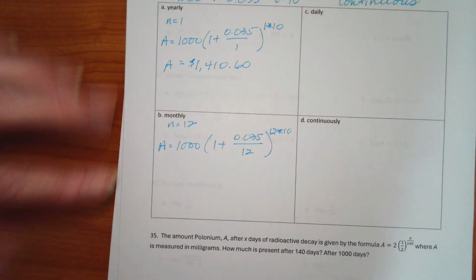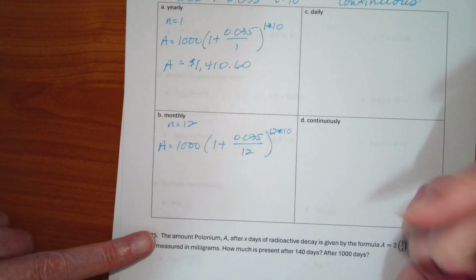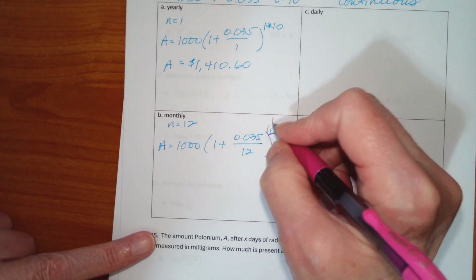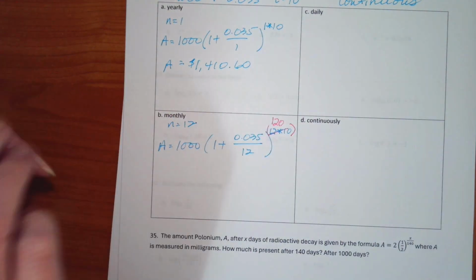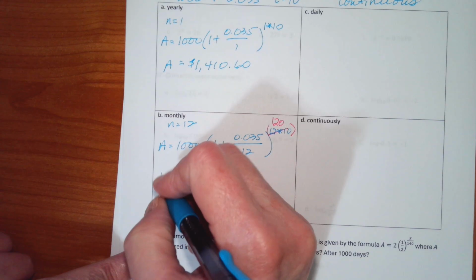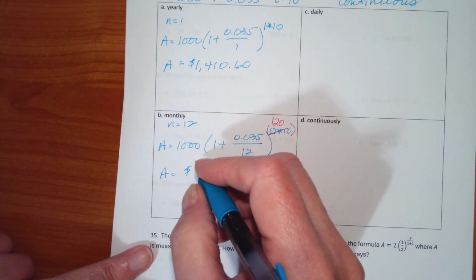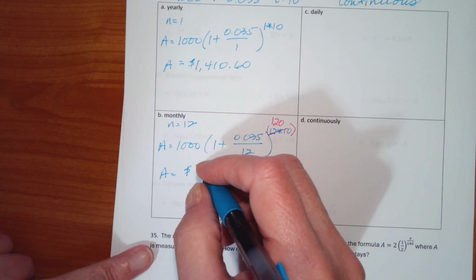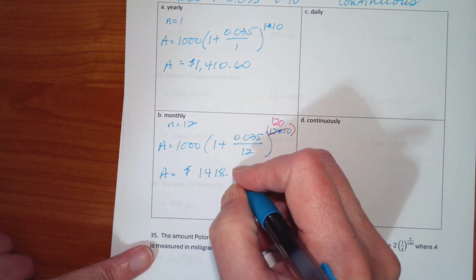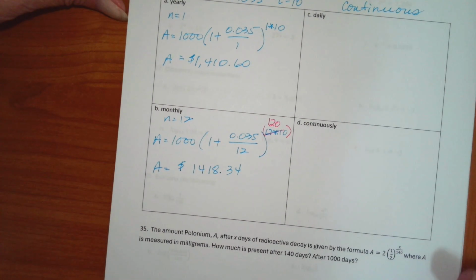Now, depending on your calculator, you might need to either put this in parentheses or just multiply it. 12 times 10 is 120. And when you do that, you get that A is 1,418.34. I hope those are correct because I did them earlier.